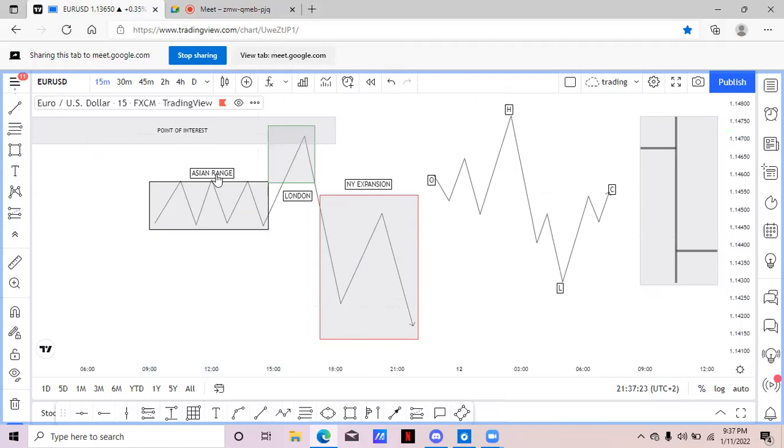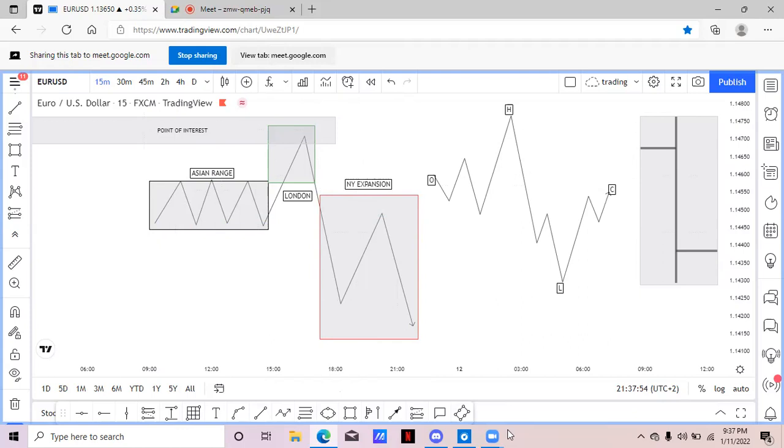You can have what you found in my PDF about the daily pip cycle: London manipulating to a point of interest, taking out Asian highs. Yeah, it does happen, but there are still a few things we haven't covered in the PDF, because in this life with knowledge, you just upgrade.